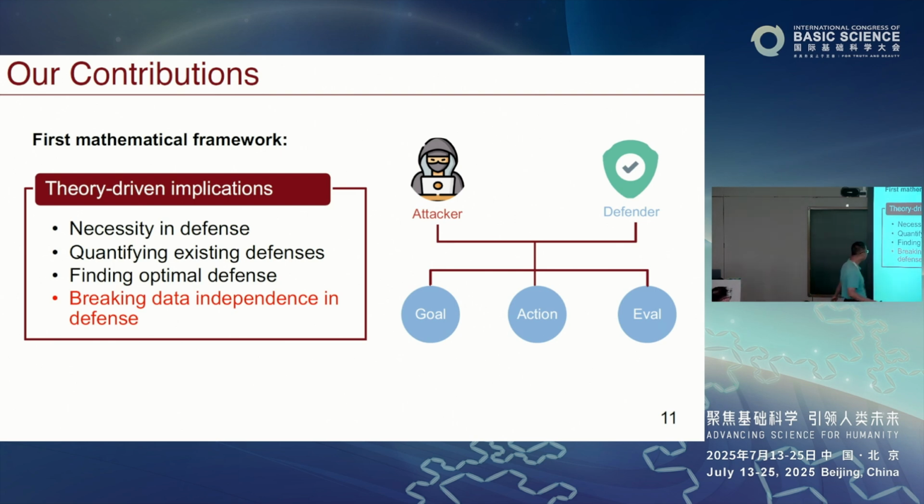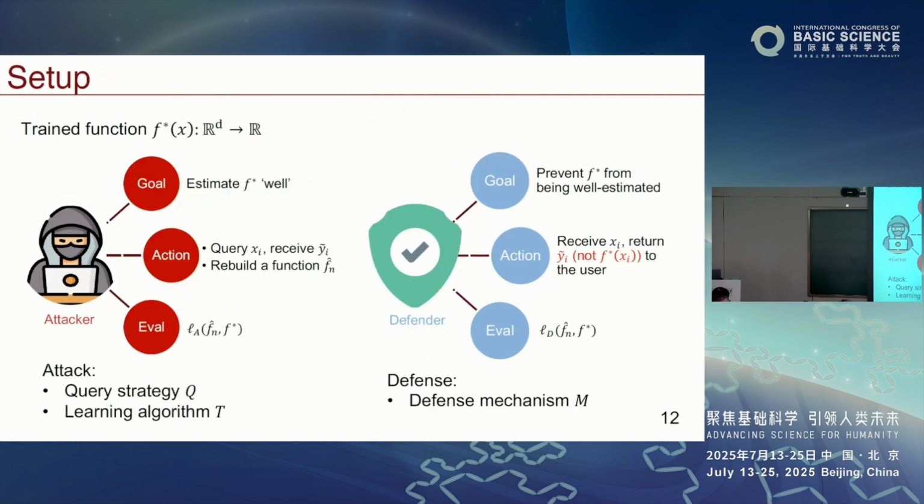Maybe you don't have to. We also want to quantify the effects of the existing possible defenses, and perhaps find out what the optimal defense is. One important point is that in the defense of adding noise to the prediction, we need to make sure the noises we add are dependent, not the traditional independent noise, as we will explain more later.